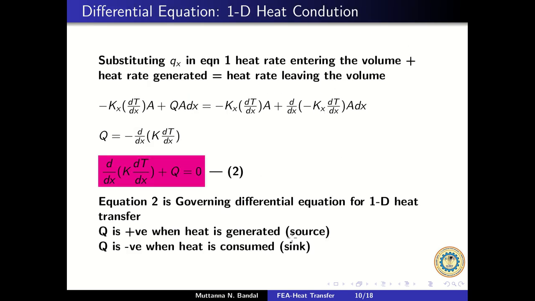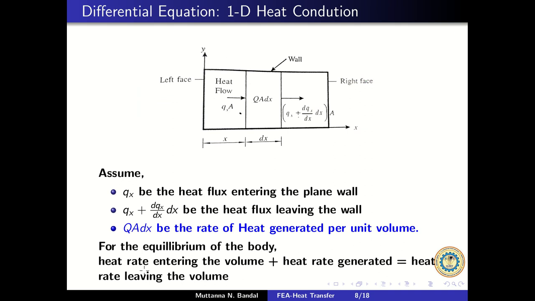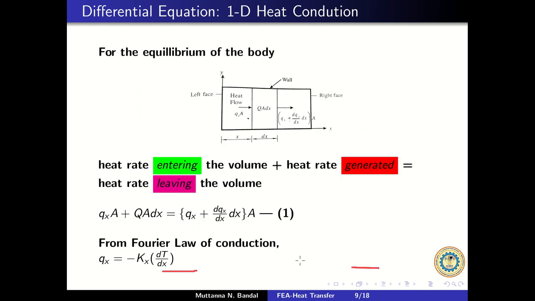Using that relation, I can rewrite the equation as: heat rate entering plus heat rate generated is equal to heat rate leaving. So I can write Qx · A + Q̇ · A · dx = (Qx + (dQx/dx)dx) · A. Let us name it equation 1.